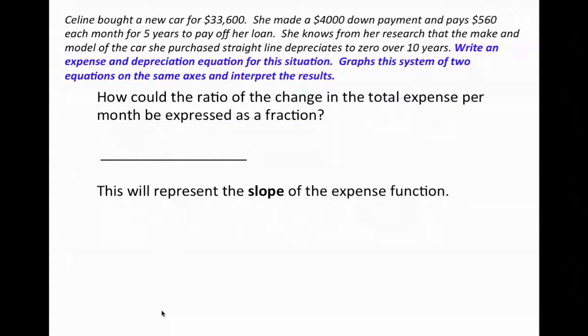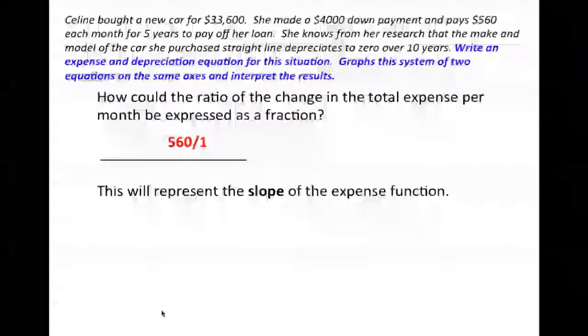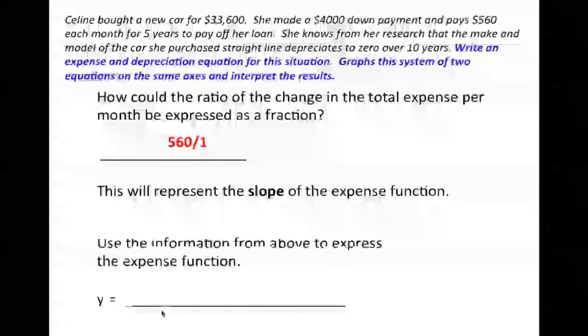What's happening? Every month she's throwing into the pot another $560. So to express that as a fraction, it's 560 divided by 1, or $560 per every 1 month that passes. This is going to represent the slope. There's our rate of change in expense, in what she's put into that car.